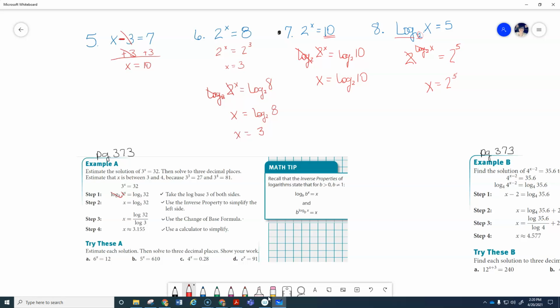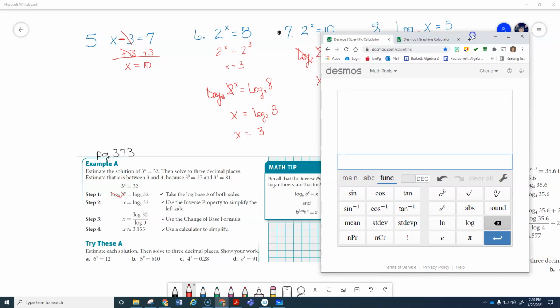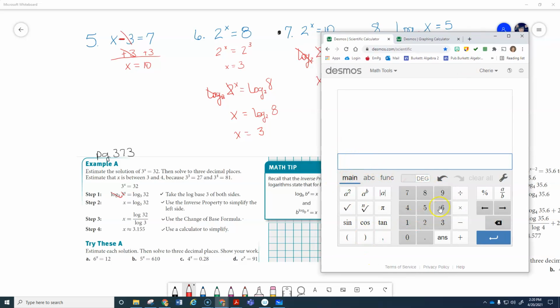And now we're left to using a calculator to evaluate this. That's what I wanted to talk to you about. So depending on what kind of calculator you use, Desmos offers a scientific calculator, and this is what it looks like when you pull it up, the main function here. You notice that there are no logs.